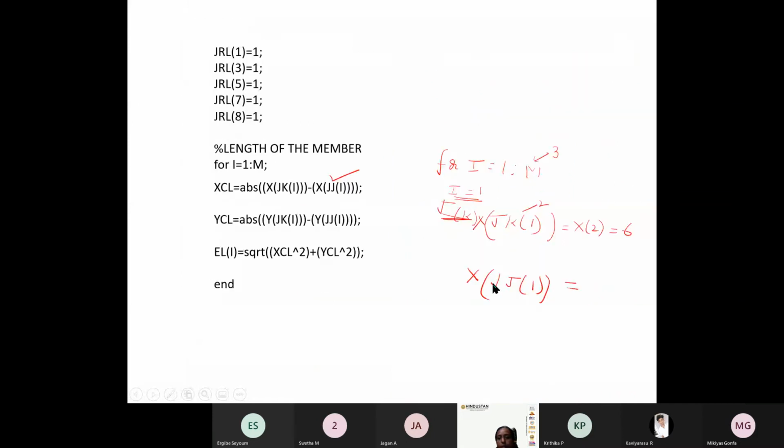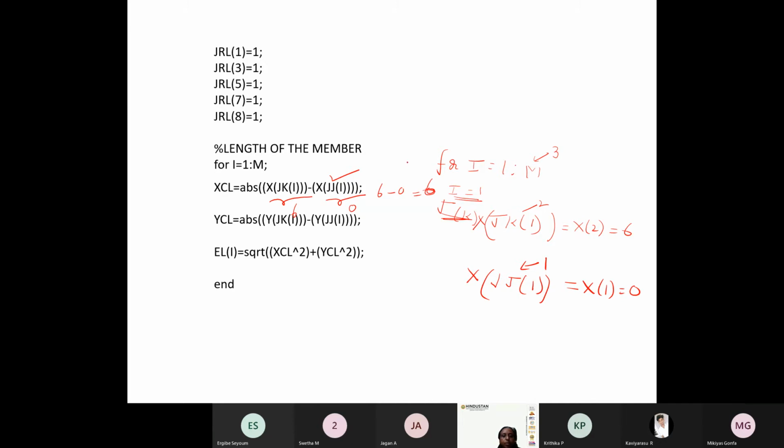So x of j of 1 is equal to x of 1, which is 0. So this portion I have calculated as 6 and this portion as 0. So 6 minus 0 is equal to 6.